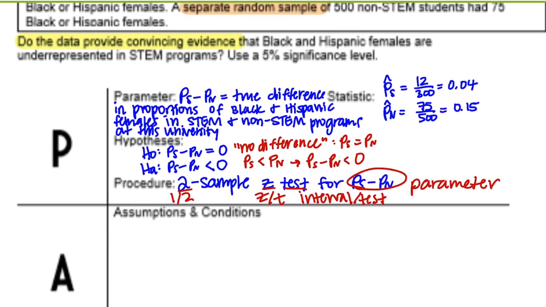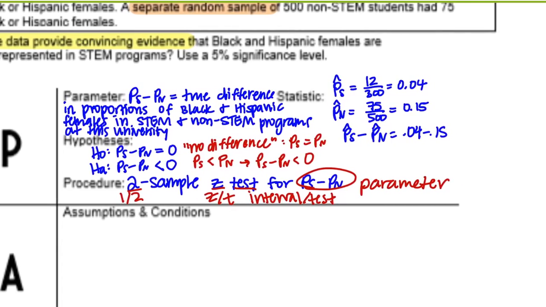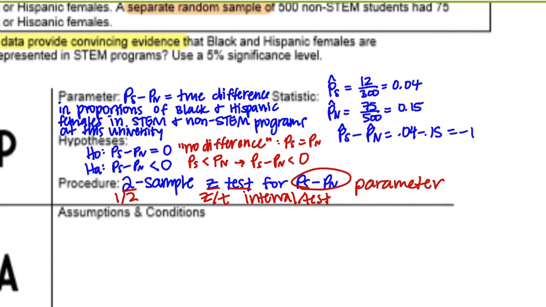So that's just a little background about how to set up. And you will need all of this because when you get to the next few parts, we have our statistic and parameter and stuff that you're going to be filling in. I do have one thing to add. The statistic, then, if the parameter is p_S minus p_N, then the statistic is going to be p hat S minus p hat N. So I do actually need to fill that out and get a statistic of negative 0.11.